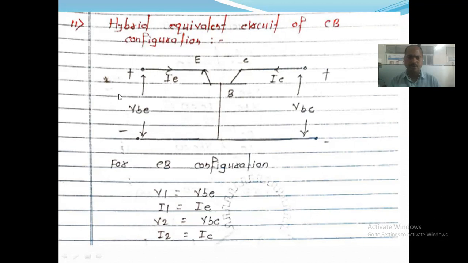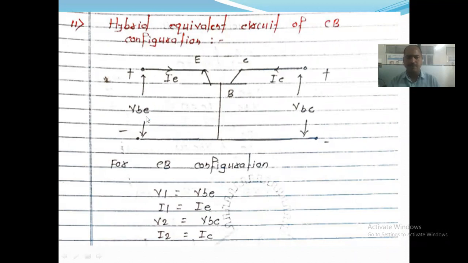So in this diagram, the hybrid equivalent circuit of common base configuration, we have seen that VEB is the input voltage applied across the common base configuration. Whatever current flows through the input is the emitter current.